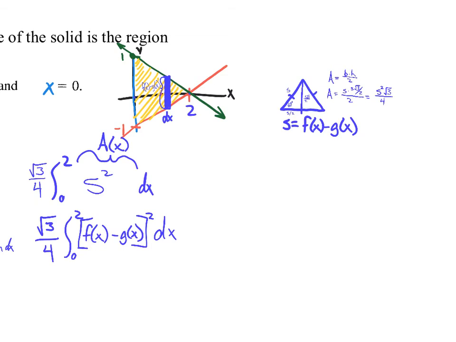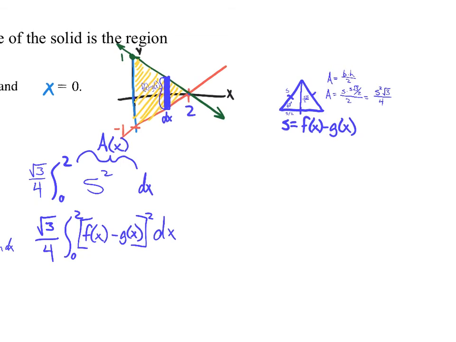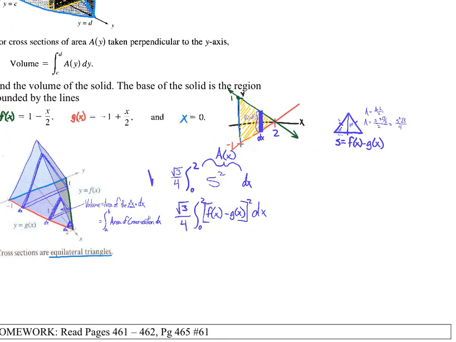Here we're subtracting first, then squaring. So our volume is root 3 over 4 times the integral. Now I'll plug in f of x and g of x. F of x is 1 minus x over 2. G of x is negative 1 plus x over 2.